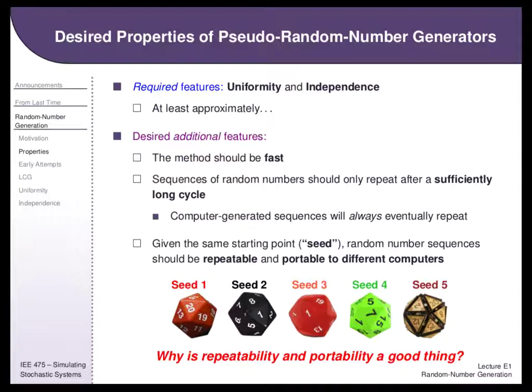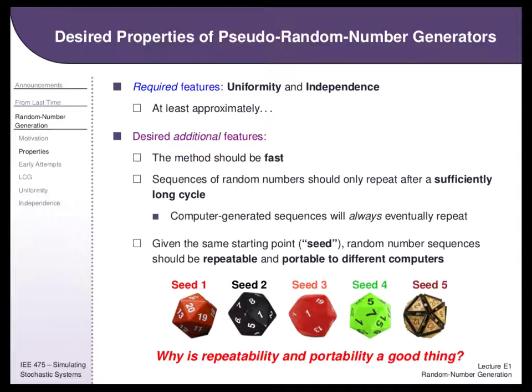All of these sequences need to appear uniform and independent. But I need to be able to take this die and give it to Ali, for example, and he can run it in another country, and it'll still generate the same sequence. So there's a benefit to making our randomness portable.